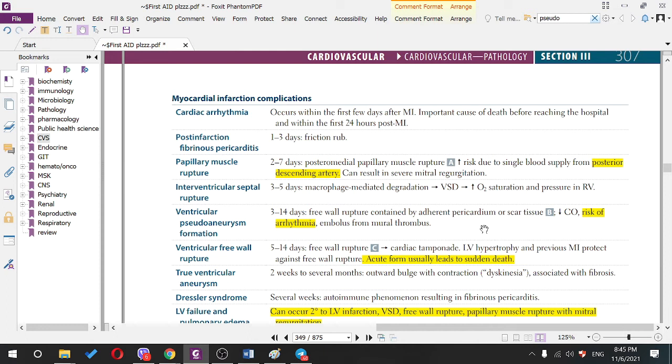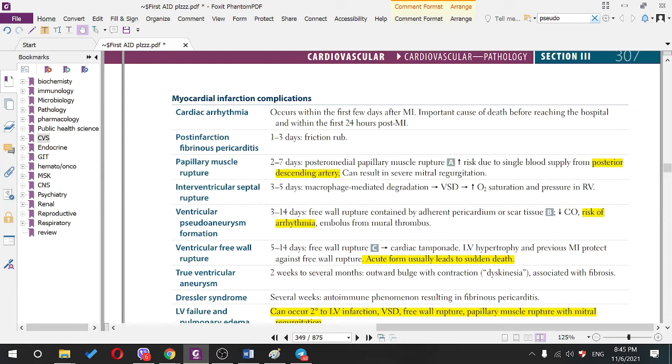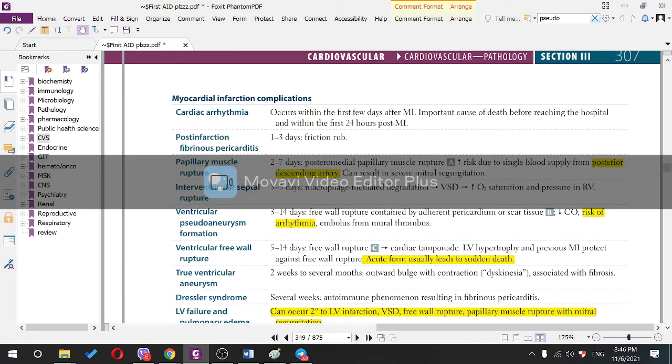Ventricular pseudoaneurysm formation, you can imagine the amount of the blood inside of your left ventricle will be reduced. So that leads to decreased cardiac output. In addition, you have risk of arrhythmia. Also, you can have emboli or a mural thrombus. But which one between a true or pseudo aneurysm has higher risk of thrombosis? Is it the pseudo or is it the true?